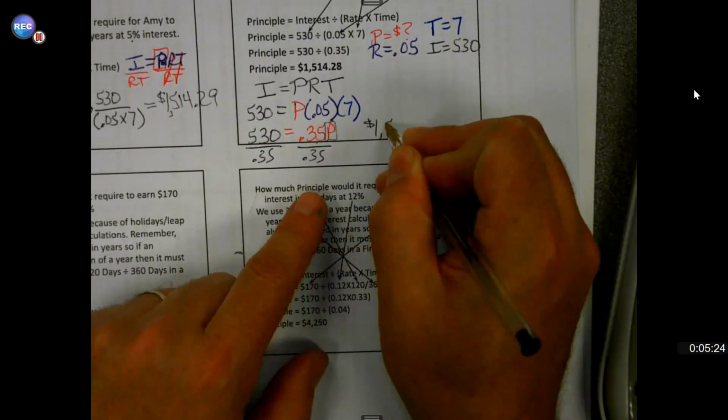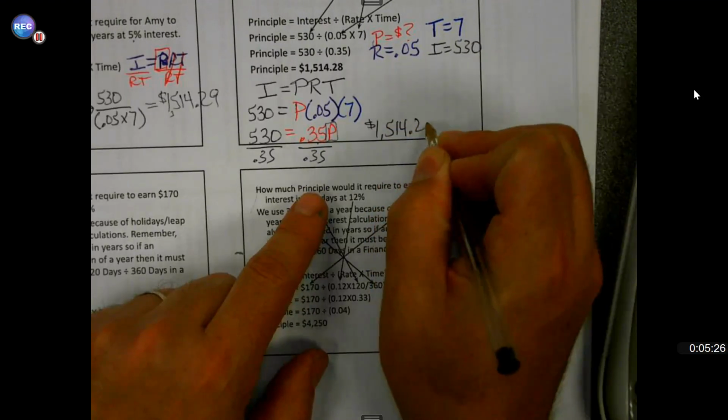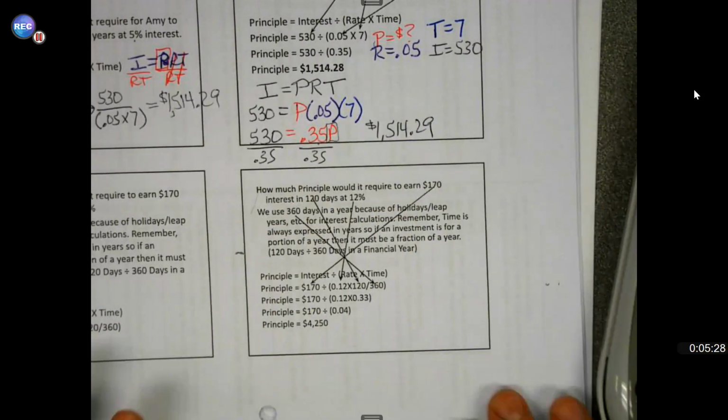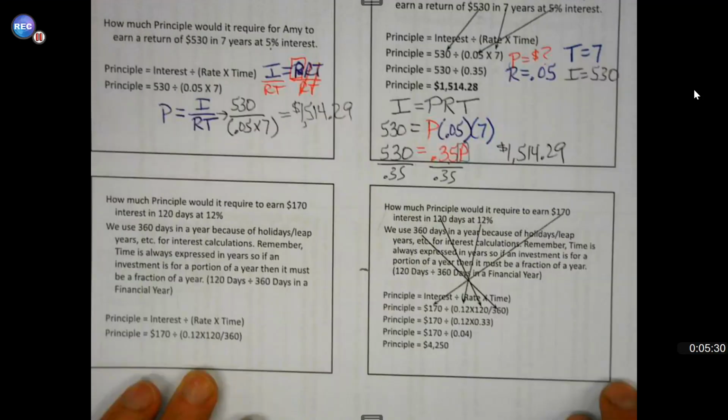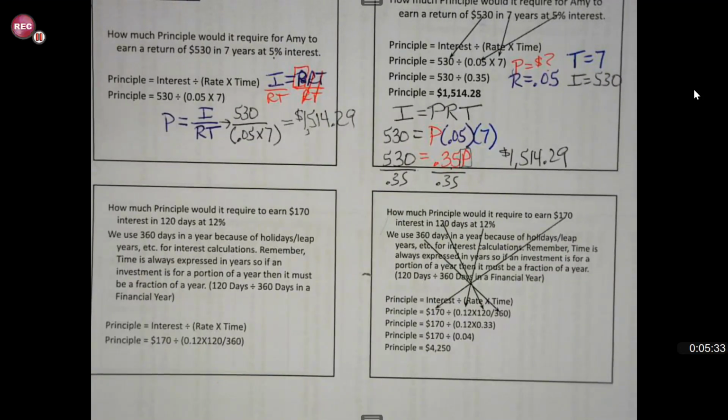So if you were on your own, and I'm not going to tell you which route I would have you go, if you're solving for something besides interest, the principal, the rate, or the time, would you rather solve for the variable and plug it in, or just keep the same formula all the time and just plug the numbers in?